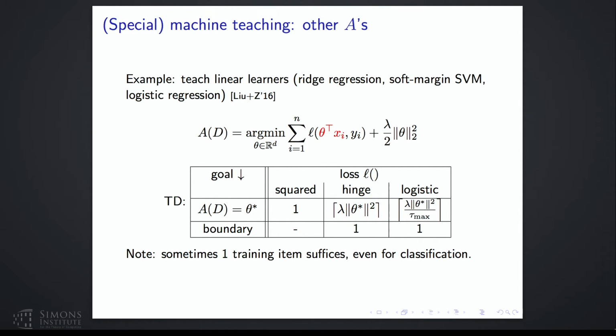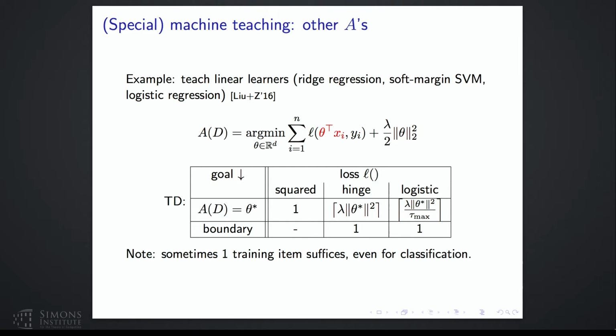And even for these, they depend on lambda, which is a property of the student, how strongly the student regularizes. And it depends on the norm of the target parameter vector. But even in this case, sometimes you could still get a 1.